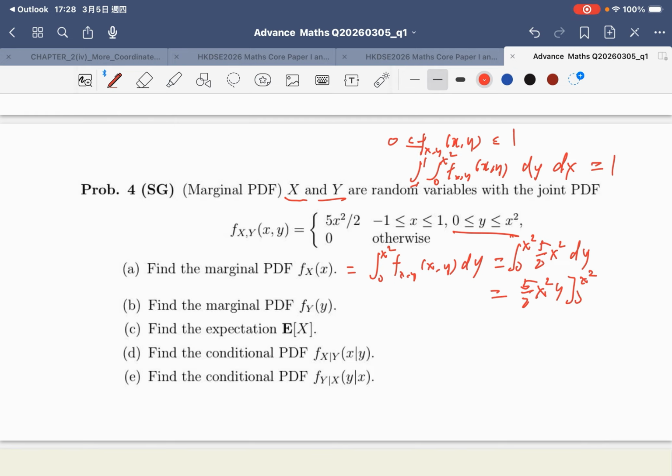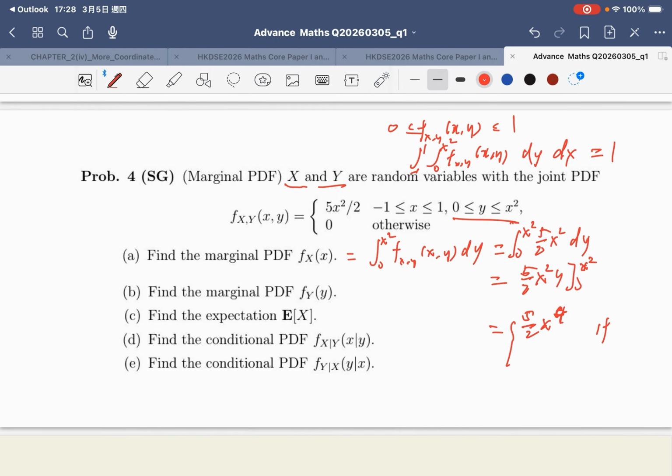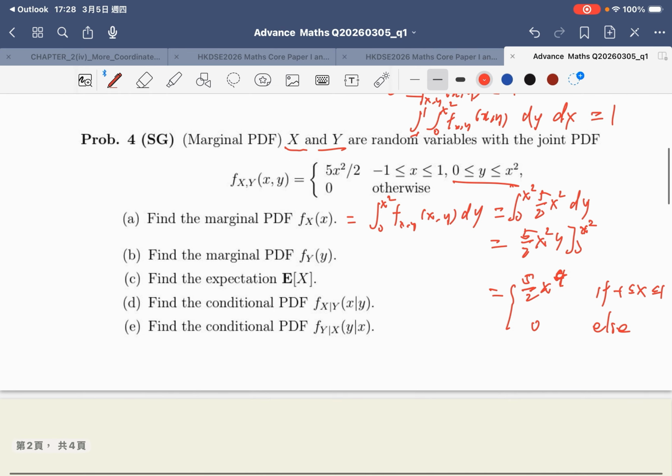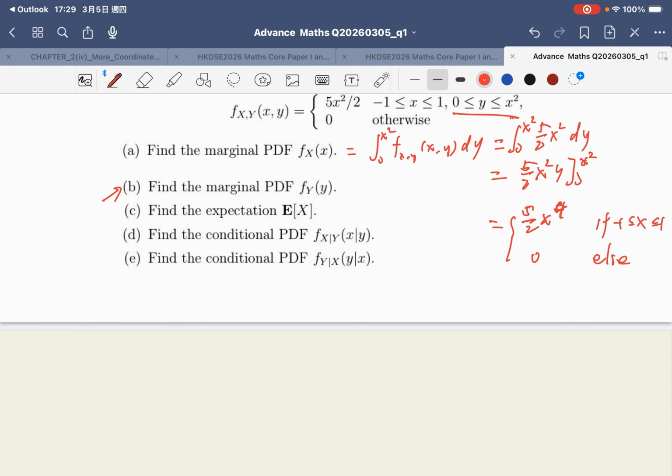Putting the domain in, let me check. The answer is 5 over 2 x to the power 4, matching the domain, where x is from -1 to 1. Otherwise, it is 0.